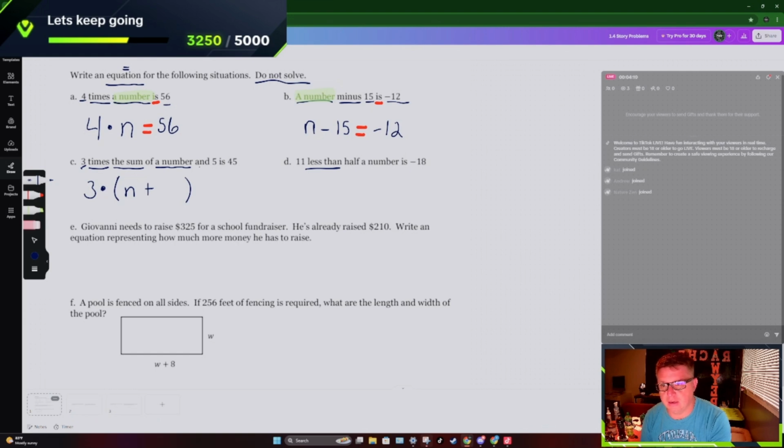And, so and is our addition sign or sum, or that's giving us our 2 things. So what are we summing? A number and 5. Okay. Is, all right, our ever popular is 45, okay? So it does not have to say equal to, it could just say is. And anytime we see an is, that means equal. All right.